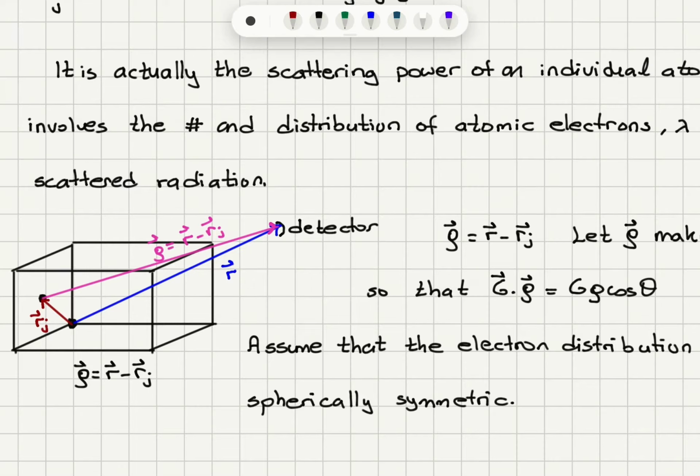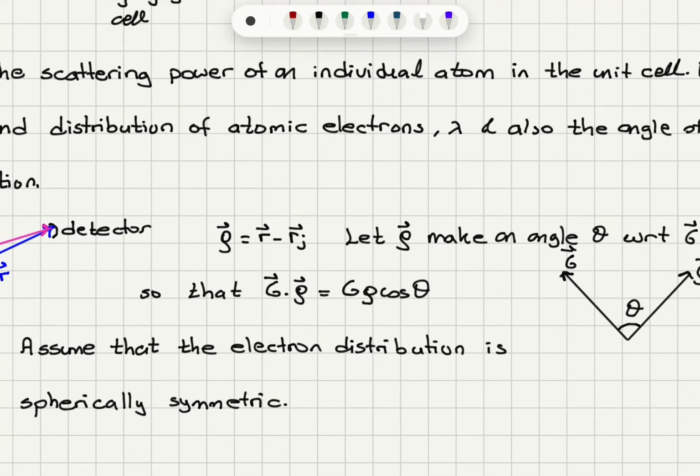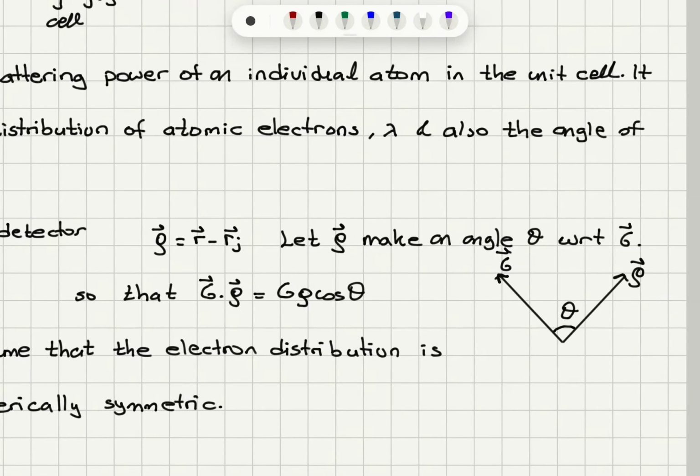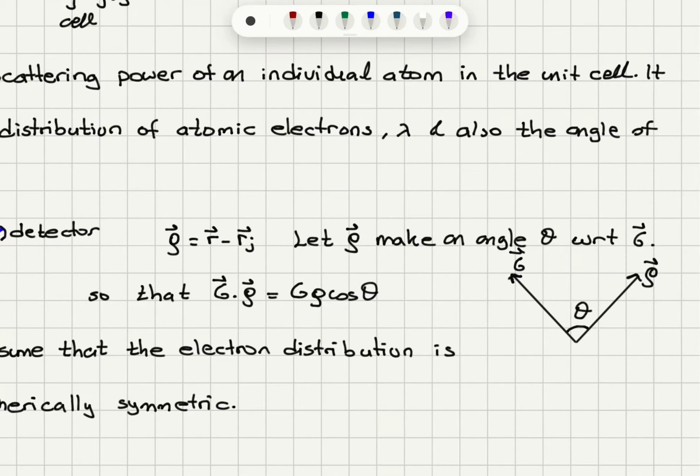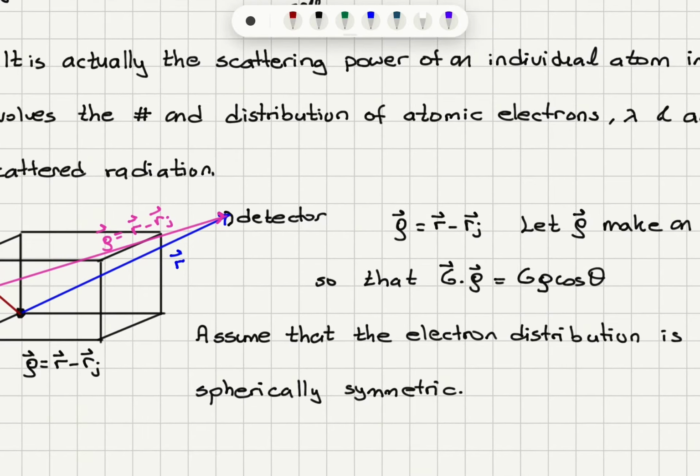It would be the position vector of the jth atom in the basis with respect to the detector. Okay, so rho equals r minus r_j, and let's say that rho makes an angle theta with respect to our reciprocal lattice vector g, so that our dot product g dot rho will become the magnitudes g rho and cosine of the angle between them.